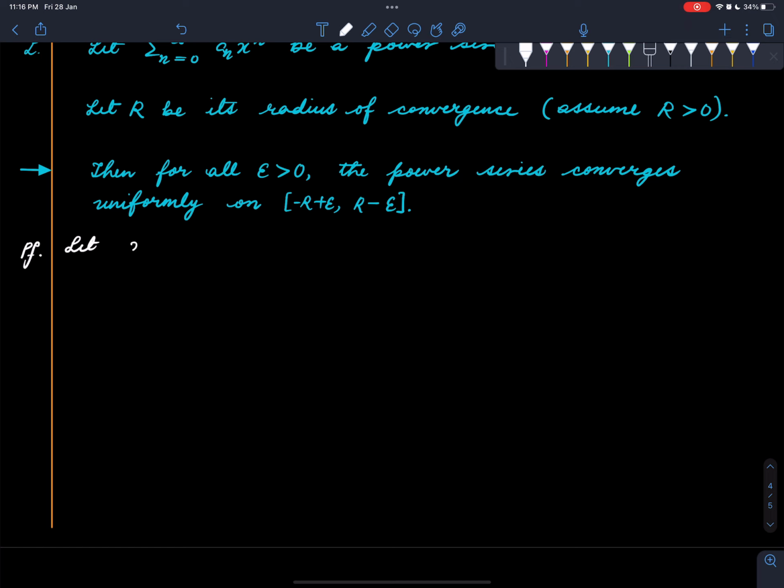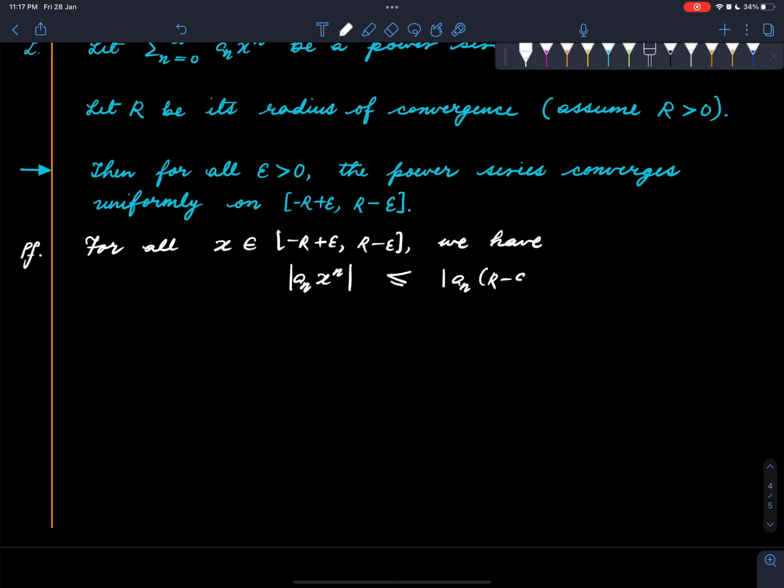So for all x in this interval, we have, and I'm writing something very trivial, the absolute value of a_n x to the n is at most a_n times R minus epsilon to the n.